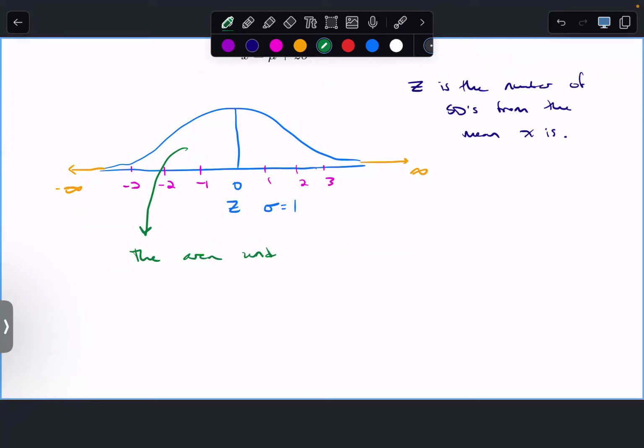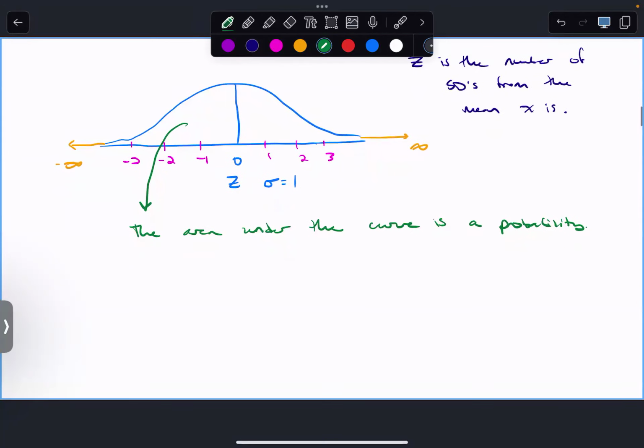We know things about the probabilities. The main one that we keep going back to is that the total area under the curve must be 1, right? The total probability of all the possible things from negative infinity to positive infinity must be 1.